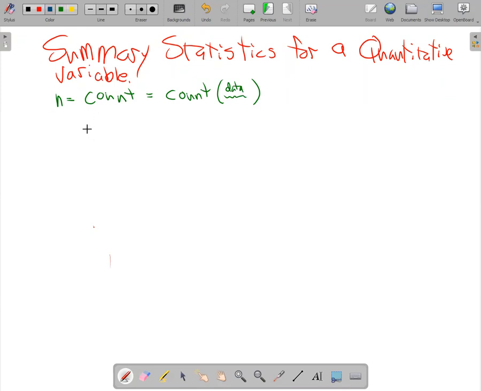Next popular one is average. We usually give that the letter X with a bar over the top. Average is also called the arithmetic mean.